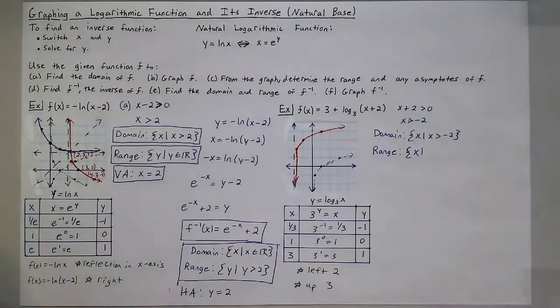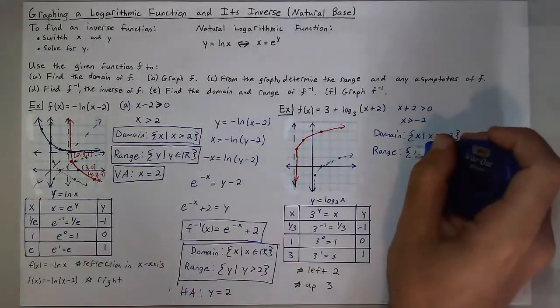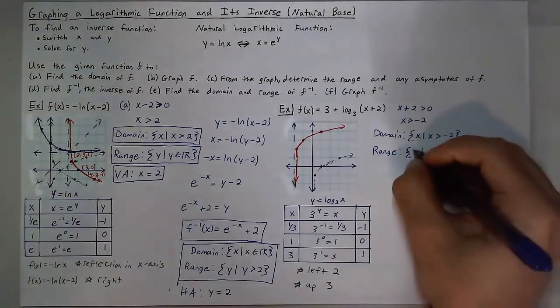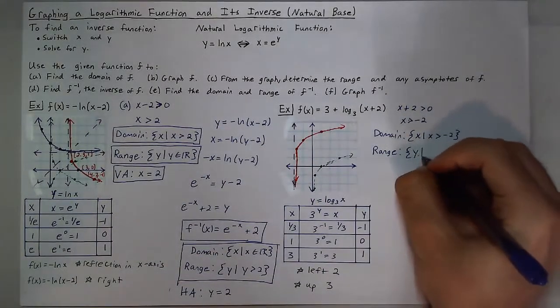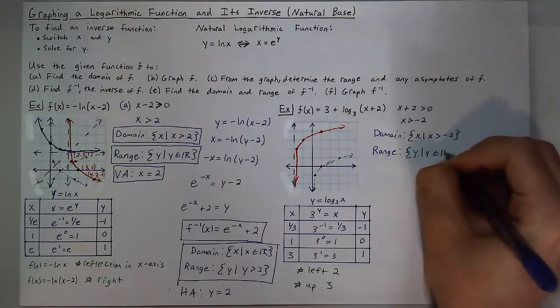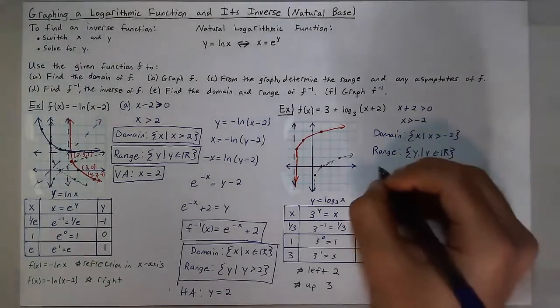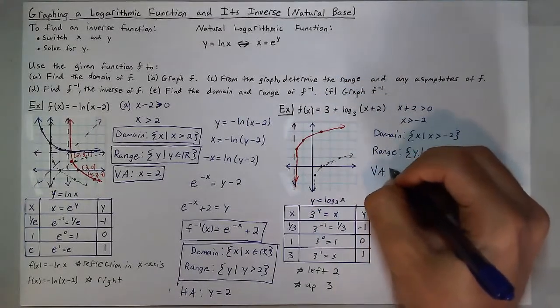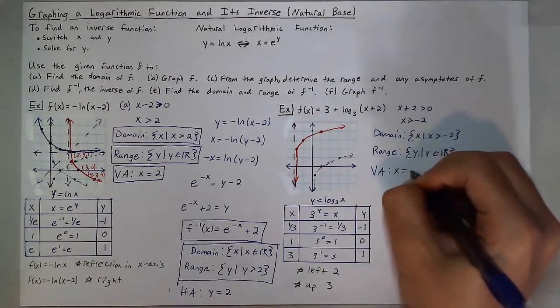Oops, put an x there on accident. So all numbers y such that y is in the real numbers, so all real numbers. And the vertical asymptote is x equals -2.